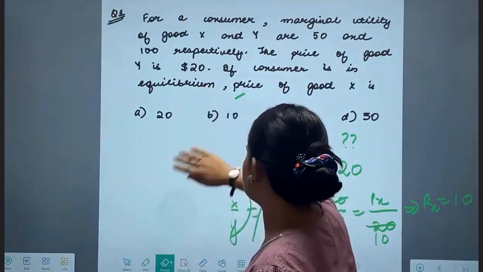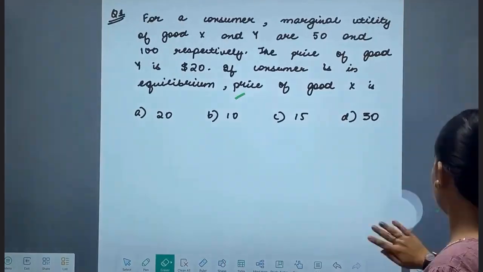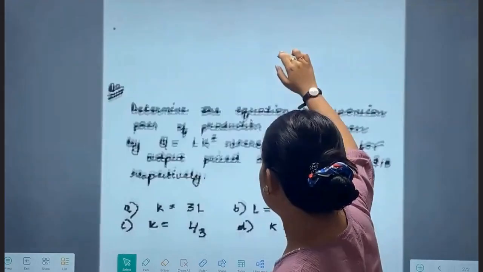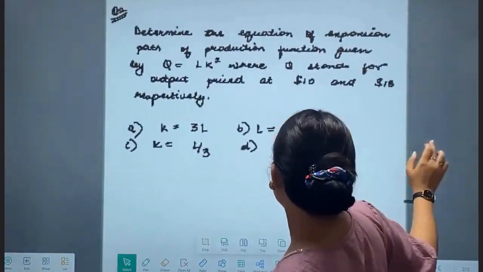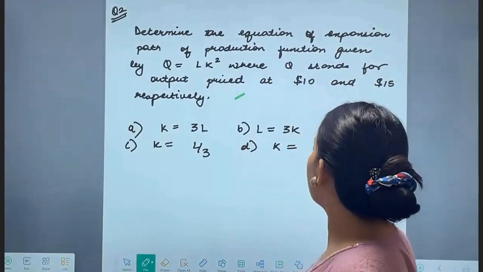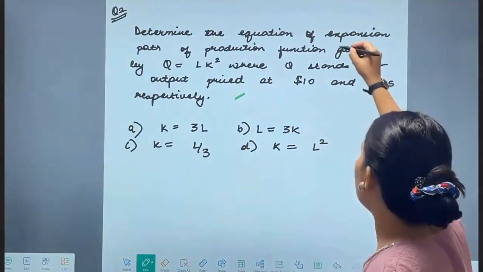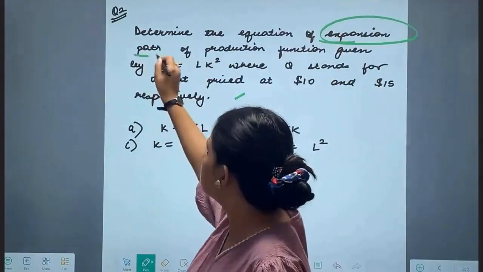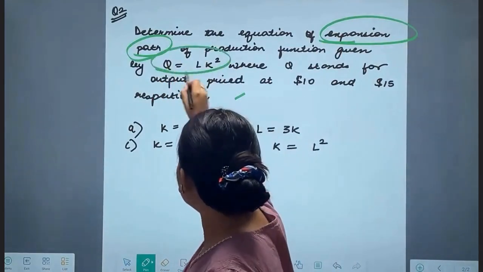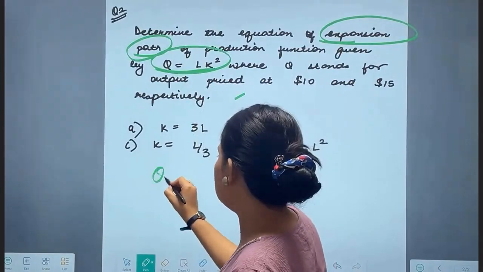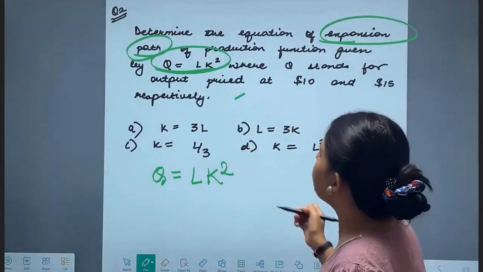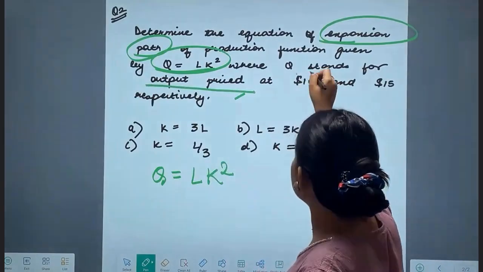Let me just erase this. Okay, so the second question for the day. Okay, beta, read. Determine the equation of expansion path of the production function given by Q is equal to LK square, where Q stands for output, priced at $10.